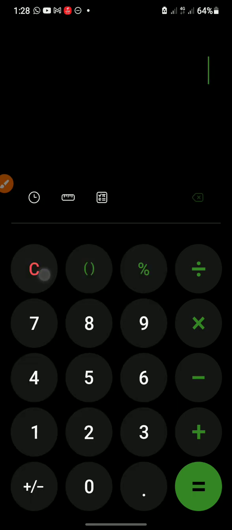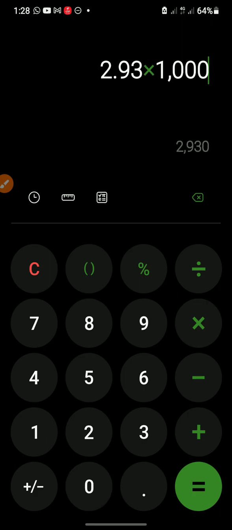Let's do it officially. It was at 2.9. You sold 1,000 Pi. Remember 2.96 it was then, or 2.93 it was then. You multiply it times 1,000 Pi. Okay, you made $2,930, right?